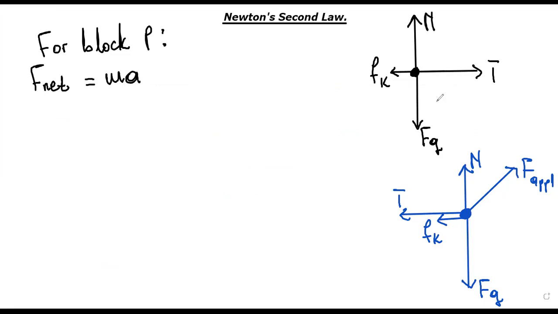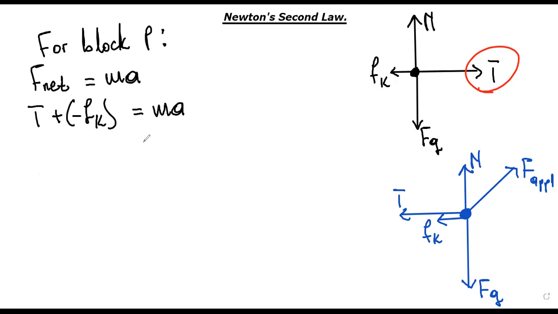So in this case, right is taken as positive. This means the tension force will be positive and the frictional force will be negative as a result. So you'll say, if you take the tension force, you add it to the negative of the frictional force, this must be equal to MA, like that.